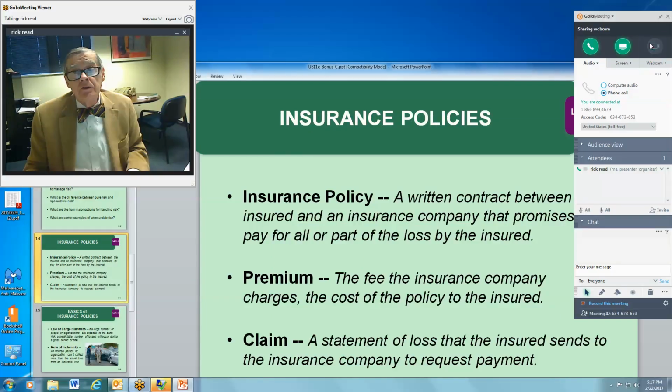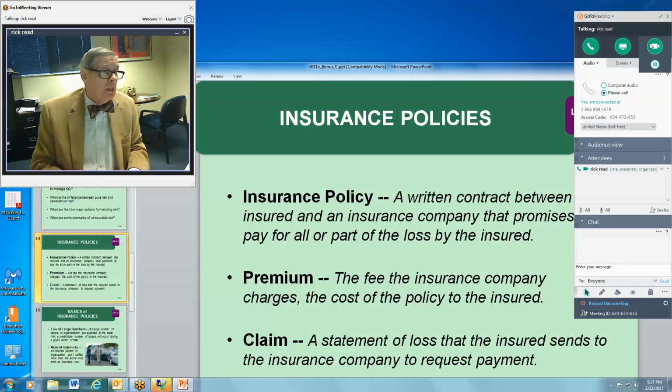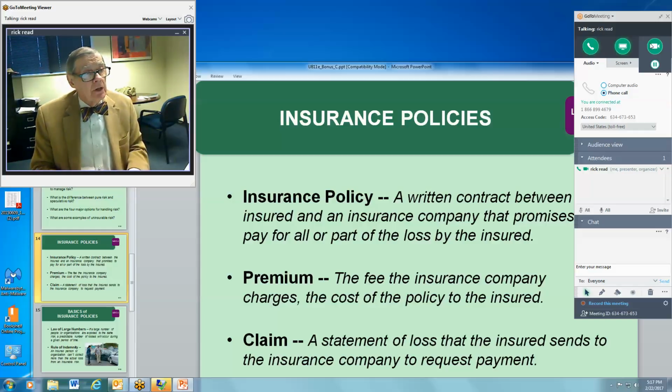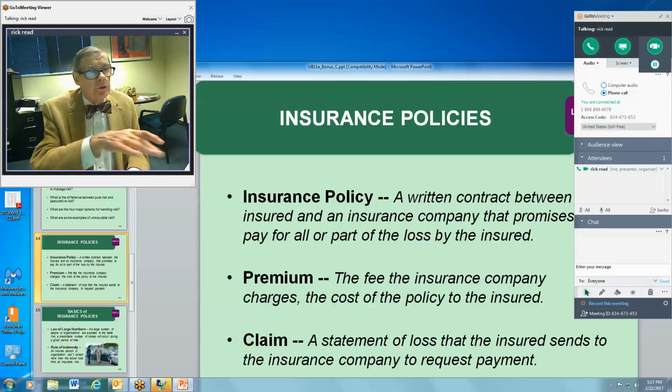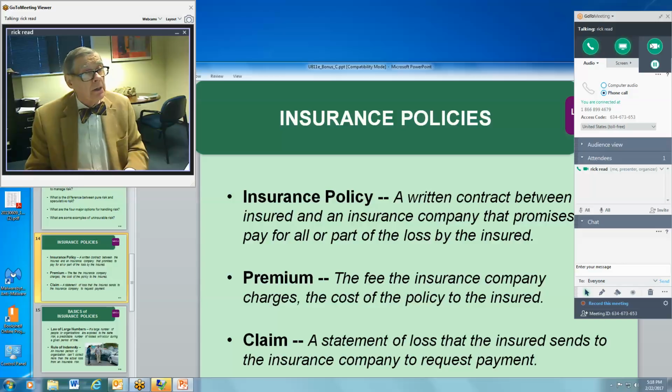Insurance policies, we have to pay attention to that. Remember, this is a contract. Once signed by the insurance company and you, the person who wishes to buy the insurance, it becomes legal. And the insurance company says for X dollars, we will insure your property, etc., for this amount of money. And we'll pay for it if there is accidental loss.